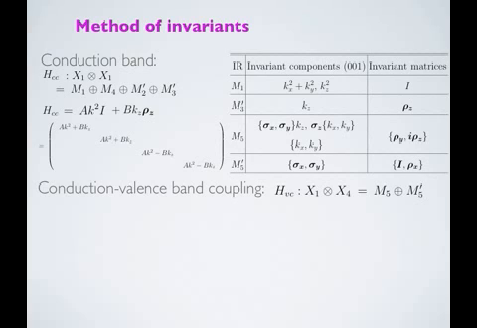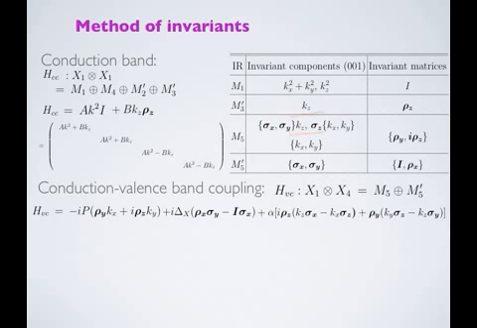Then we just construct a Hamiltonian by taking the k dot p term, the k-independent spin-orbit interaction, and finally the k-dependent spin-orbit term. Pay attention to this term, which has the form of k times sigma, which looks very similar to the Rashba term in systems without structural inversion symmetry.